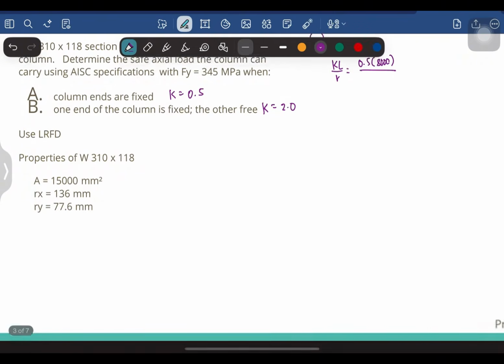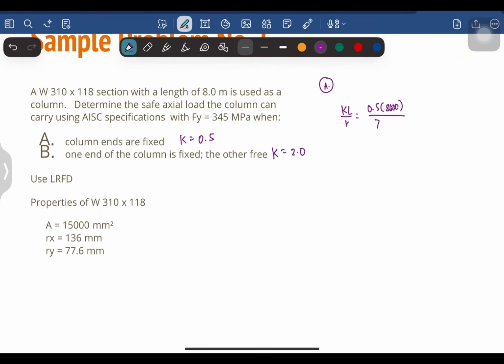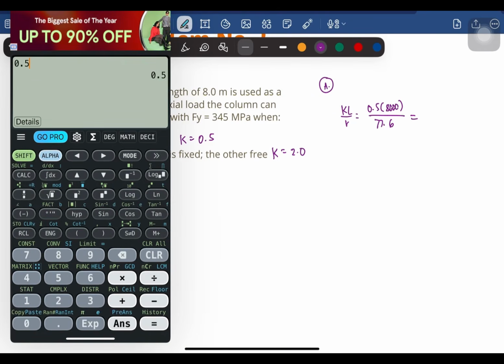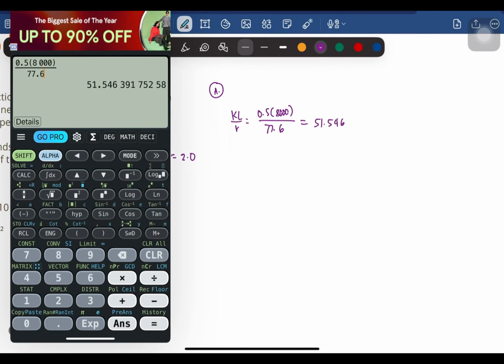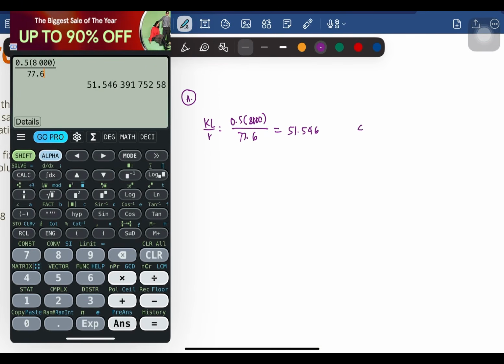So we get 77.6, so 0.5 times 8,000 over 77.6, so 51.546. Then you have to compare it to 4.71 square root of E over Fy.